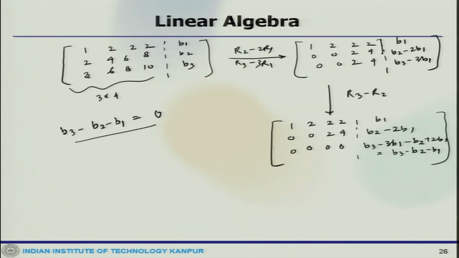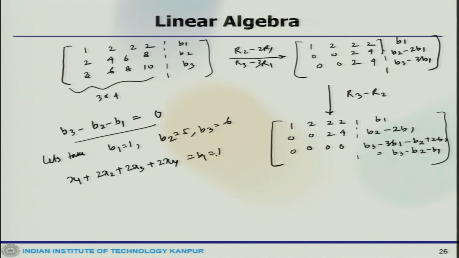So, let us take b1 equals 1, then b2 would be 5 and b3 would be 6. So, the equations become x1 plus 2x2 plus 2x3 plus 2x4 equal to b1, which is 1, and 2x3 plus 4x4 would be b2 minus 2b1, which is 3.